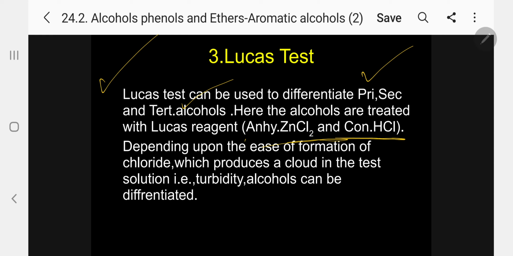Here, the alcohols are treated with Lucas reagent, that is anhydrous zinc chloride and conc. HCl. Depending upon the ease of formation of chloride, which produces a cloud in the test solution, that is turbidity, primary, secondary and tertiary alcohols can be differentiated.